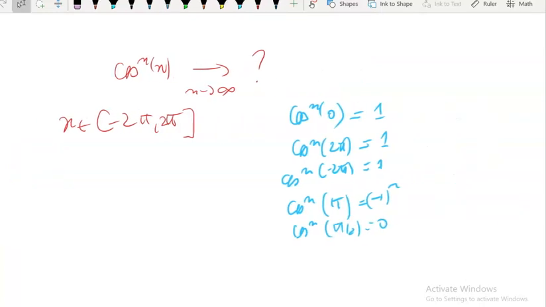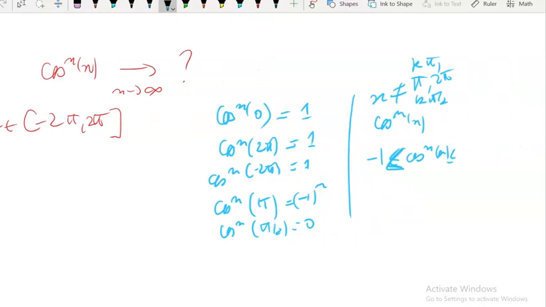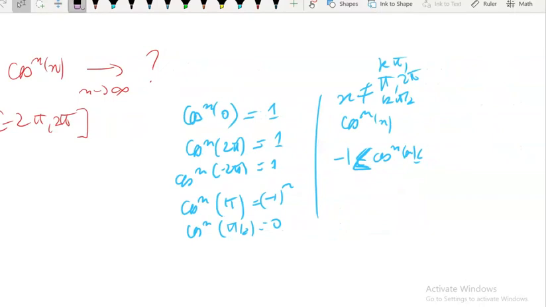And what for the other ones? Well, for x different from those, k pi and k pi over 2, all these specific values, what do we have? Cosine^n of x is going to be strictly between -1 and 1.